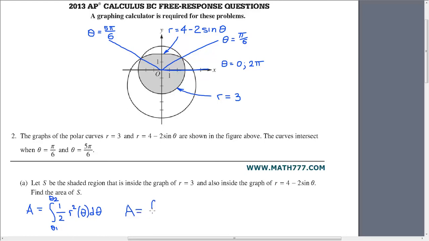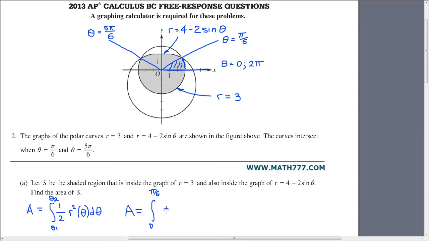So the first integral is for theta between 0 and pi over 6. And in this case, it's 1/2 r squared, where r is equal to 3. So this is this r and this area correspondingly.